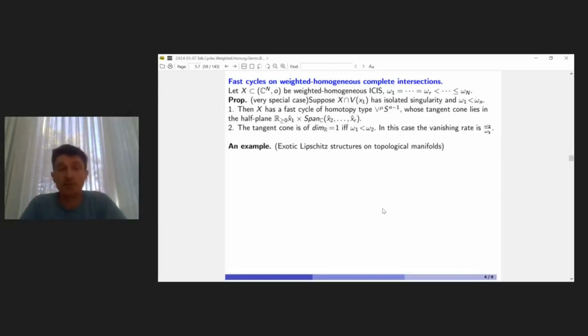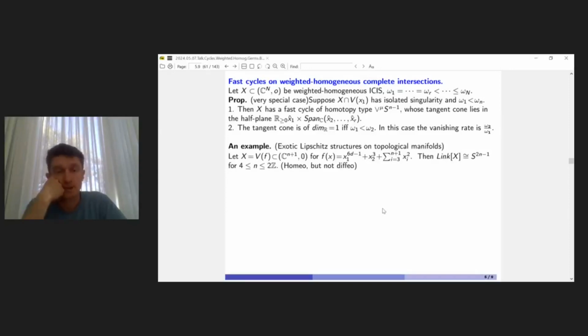Okay, so let's see some example. The very simple example immediately gives you exotic Lipschitz structures. So take the hypersurface. Here it is, a very simple hypersurface. And then the link in some cases will be homeomorphic to the sphere. Homeomorphic, not necessarily diffeomorphic, because the spheres will be exotic spheres in this case.